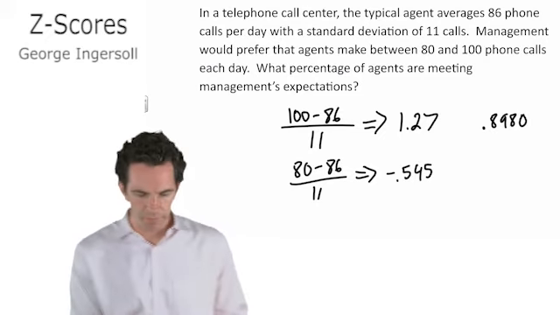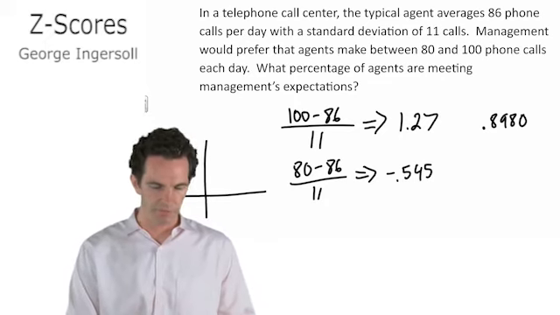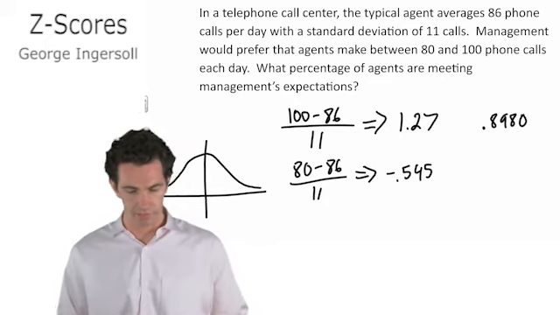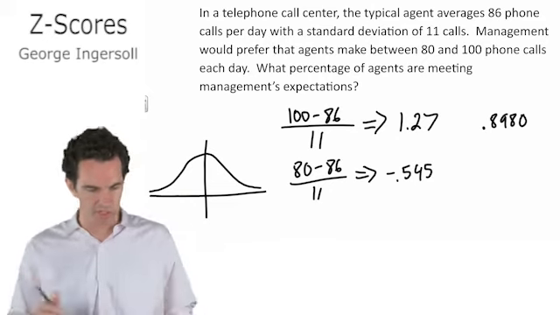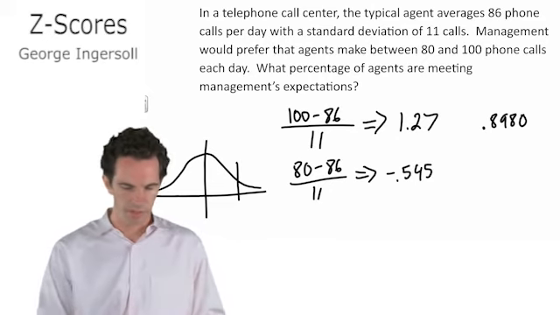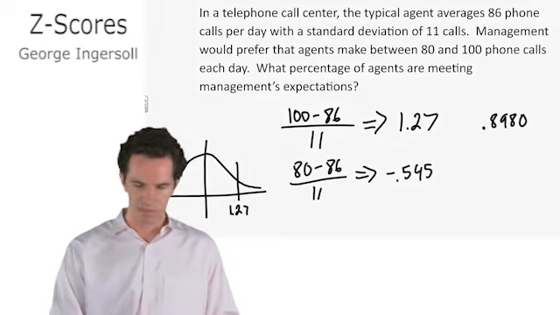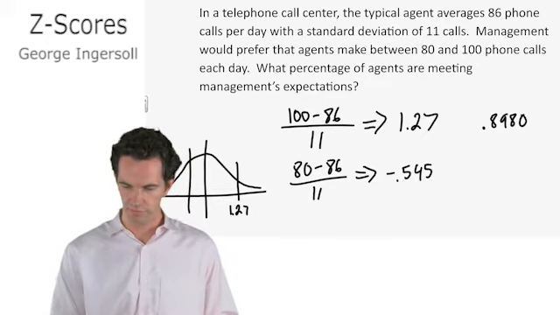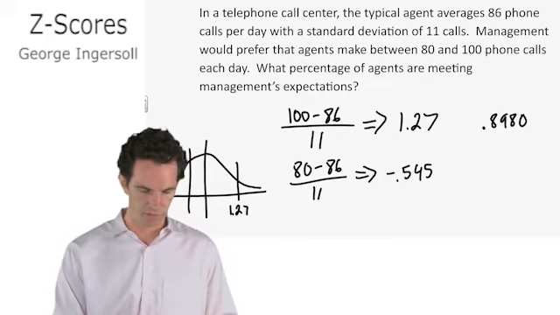And you know what? To figure out what I'm going to do next, I'm actually going to draw this thing. I find this is a very helpful thing to do, is to draw the curve and sort of envision everything. Here we are at 1.27, and negative 0.545 is going to be somewhere around here.